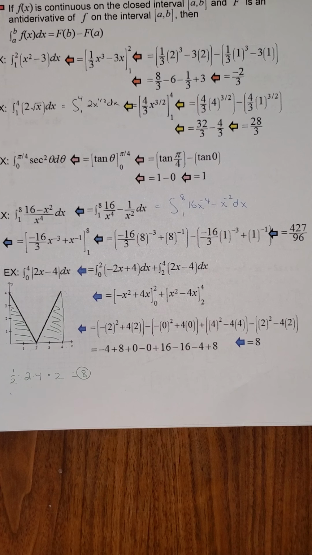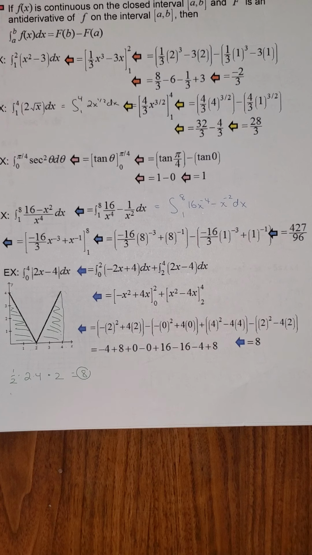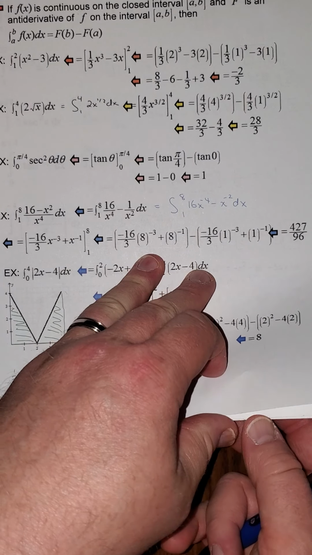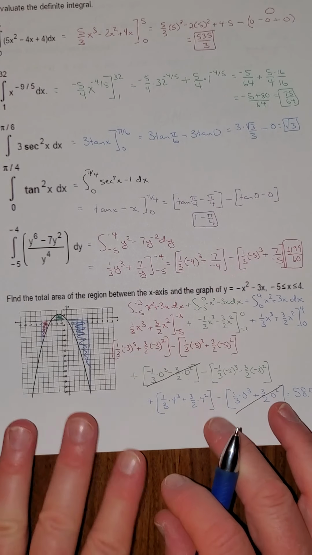And punch all that in your calculator. You're going to get 8. And you can try that. And again, you could punch this in your calculator and get the answer is 8. But that's really not going to teach you anything except how to use your calculator. And next year in calculus, you're probably not going to have your calculator half the time.